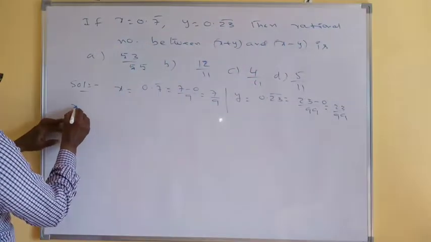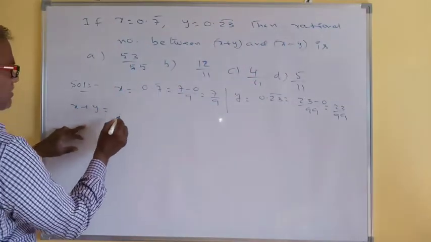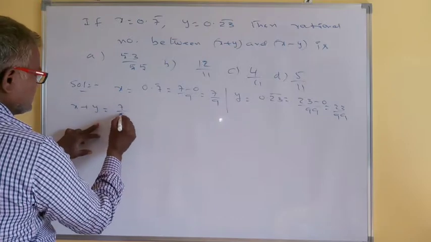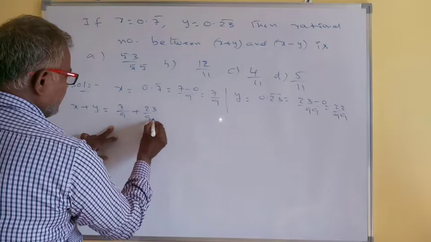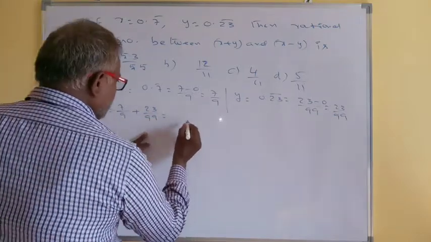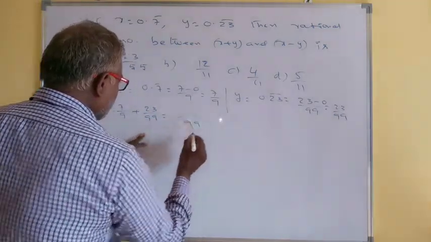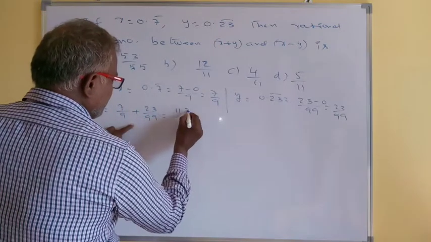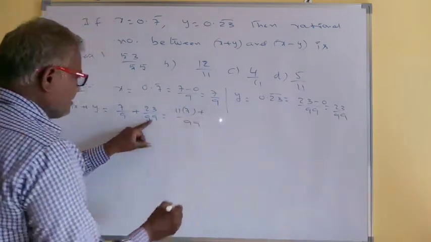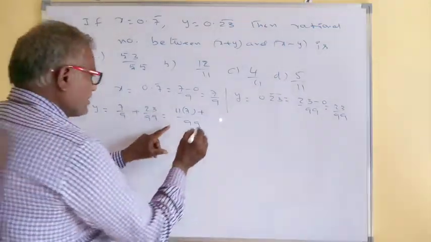Now, first of all, x plus y. What is x? 7 by 9 plus 23 by 99. What is LCM? 99. How many times? 9 elevens. So 11 into 7. 99, how many times? 1 time.